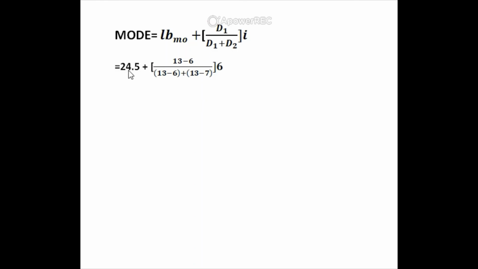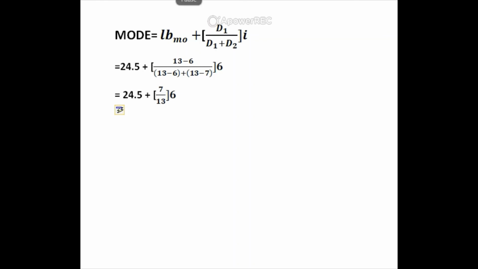Upon getting the data coming from our table, ito yon. We have 24.5, 13 minus 6, ito yung D sub 1, 13 minus 6 plus 13 minus 7, ito yung D sub 2. Then 6, this is the interval. Pag sinimplify natin yung nasa loob ng parentheses at ng bracket, itong kakalabasan niya. That results to 7 over 13.